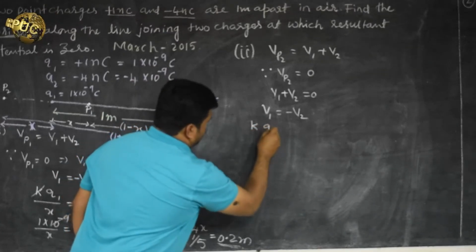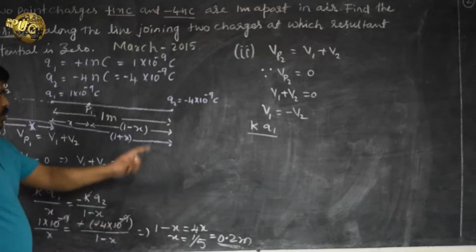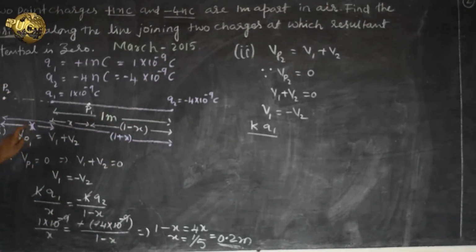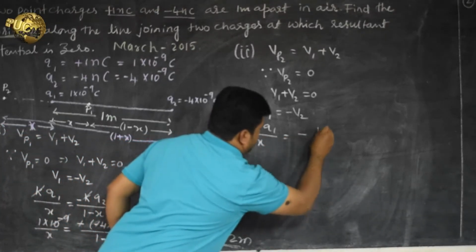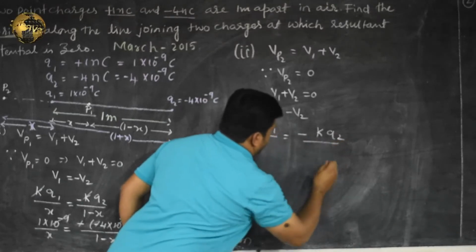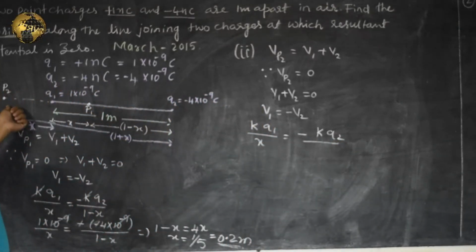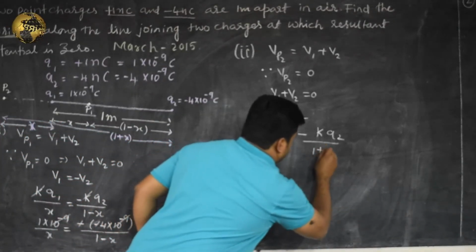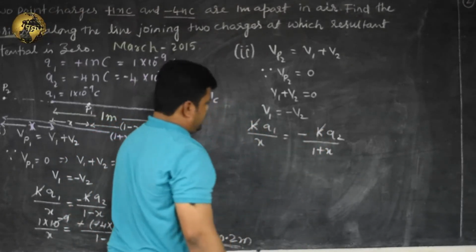So K Q1 divided by x, that's the potential at point P2 due to charge Q1, where the distance is x, is equal to minus of K Q2 whole divided by the distance of point P2 from Q2, which is 1 plus x. K on this side and that side get cancelled.